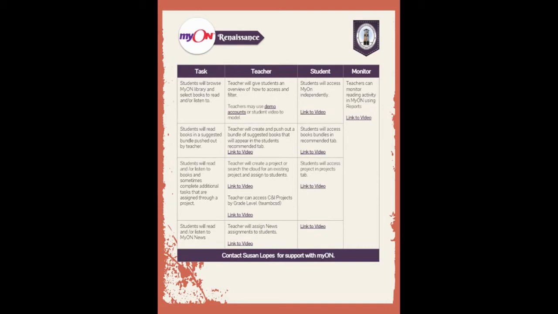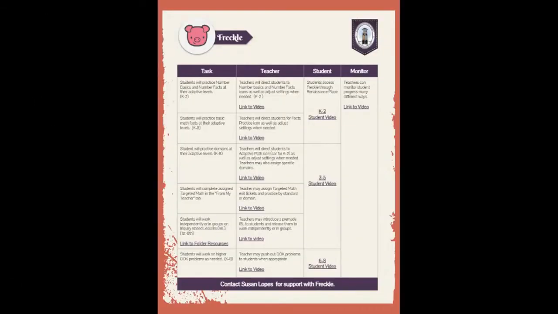Now we're going to talk about Freckle. Freckle is another program that's great for asynchronous. The reason I think it's great is because if you don't do anything from the teacher side, your students can still access it.